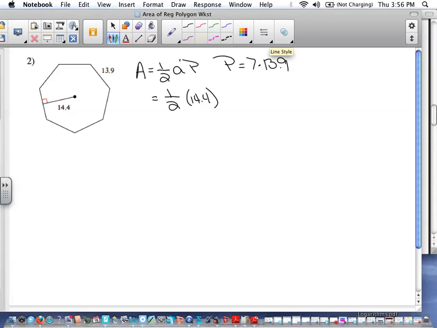So 7 times 13.9 would be 97.3. So the perimeter here is 97.3. So 1/2 of 14.4 times 97.3 should be approximately 756. We said we're going to round to the nearest tenth, so let's round that to a 6.